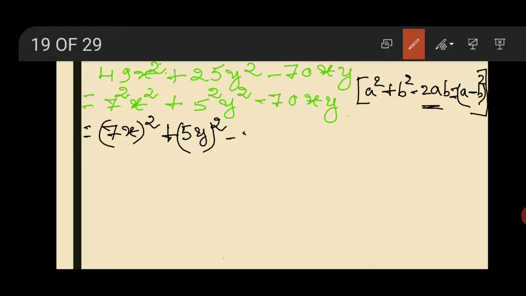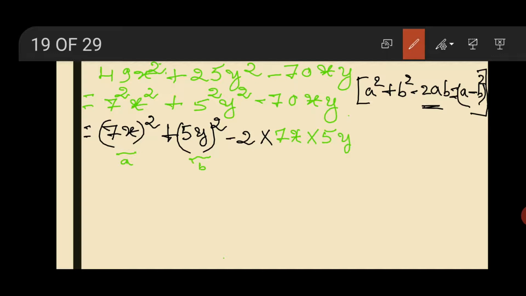So minus 2 into the value of a, which is 7x, into the value of b, which is 5y.